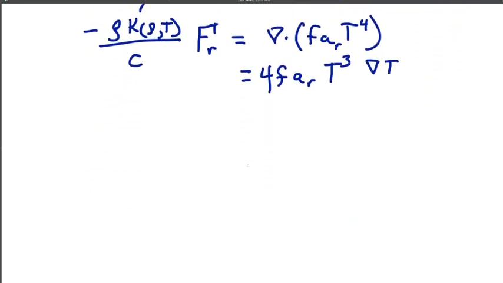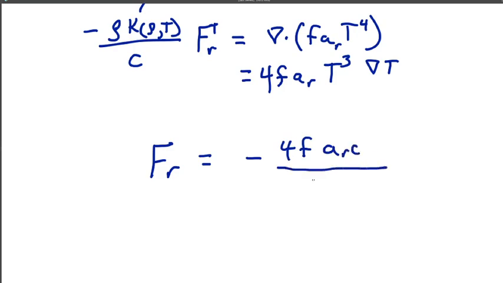Okay, so let's collect our terms so far. F of r is equal to minus 4f times a sub r times c divided by rho and kappa as a function of rho and T. We've got a T cubed in the numerator, and we've got a grad T here.